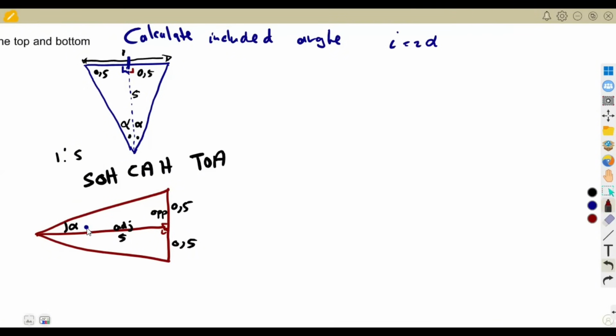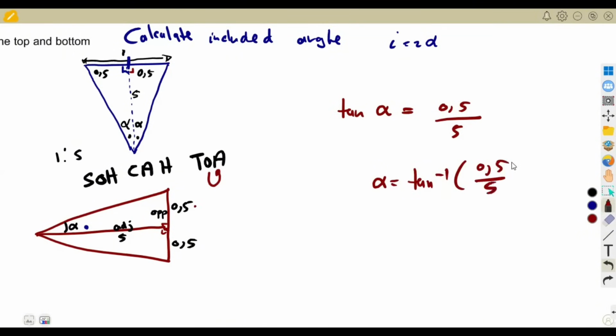So this alpha, like I said, we've got opposite and adjacent, opposite over adjacent, which is the tan. So the tan of alpha is equal to the opposite over the adjacent, which is 0.5 over 5. To find alpha we use arctan. Arctan of 0.5 over 5, or if you divide, 0.1.